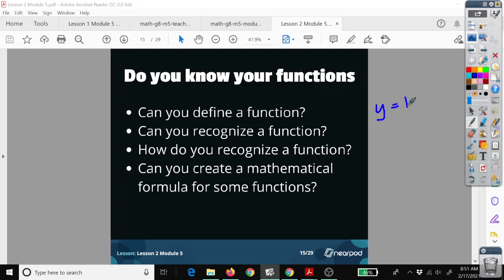That is the rule for the function. Every time I put a number in for x, I multiply it by itself, and then I multiply by 16, and I get my output. So the x is my input, and the y is my output. Every time I put a number in for x, I always get an answer for that number. And if I put the same number in twice or 100 times, I will get the same number out every single time.